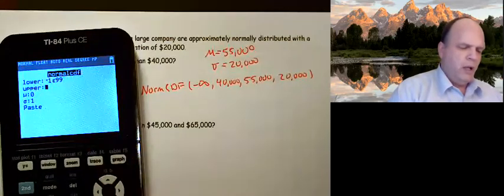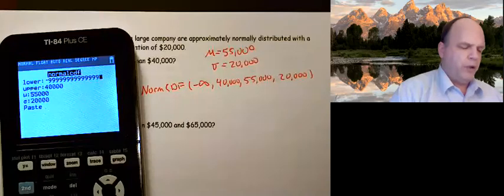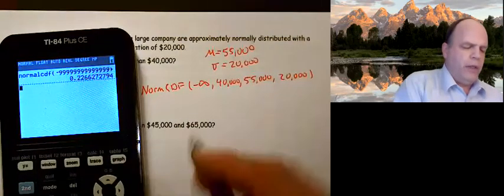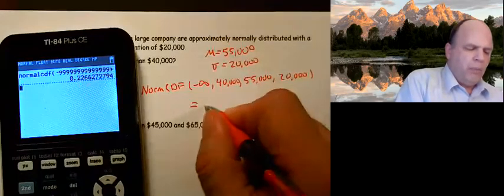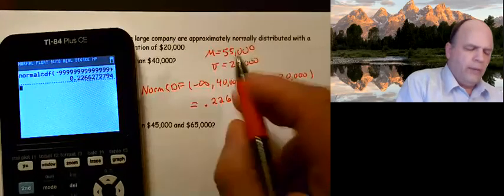Negative infinity to an upper bound of 40,000, a mean of 55,000, and a standard deviation of 20,000. I guess I probably should put a bunch of negative nines because that's what we're used to working with. When I do that, I end up getting 0.2266 is my answer.